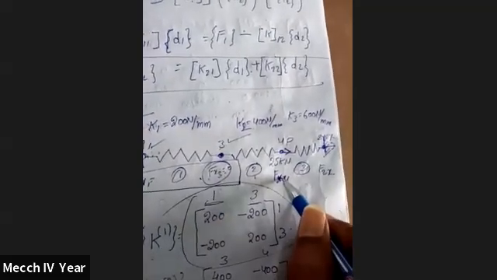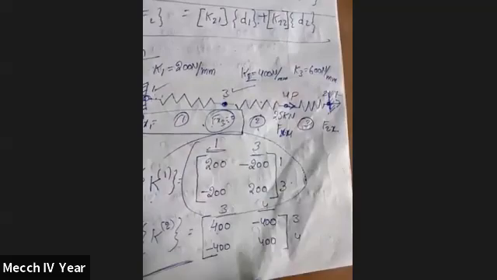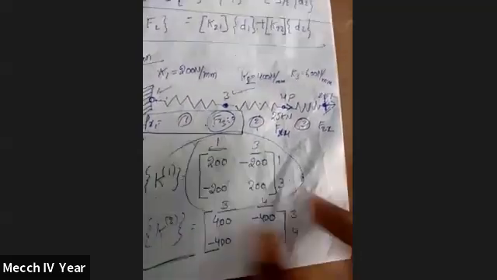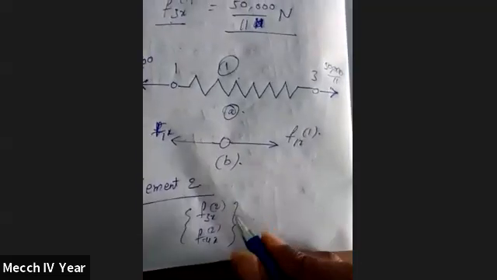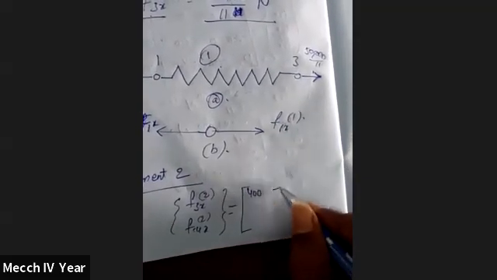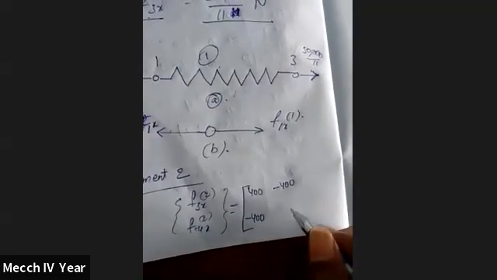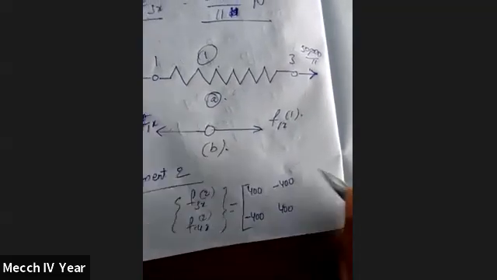Now 3, 4 means 400 minus 400, minus 400, 400. So this equation I am going to write here, equal to 400 minus 400, minus 400, 400.